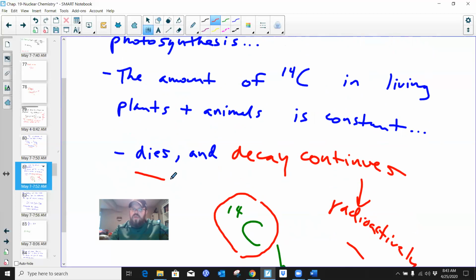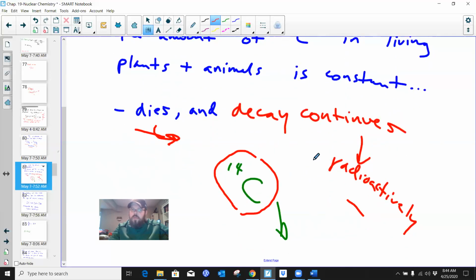It's no longer consuming macromolecules and replacing carbon atoms within our bodies. When animals die, when we die, we're no longer replacing any carbon within our bodies.